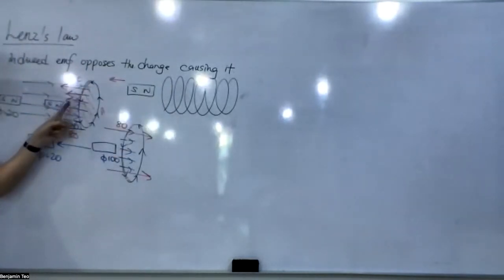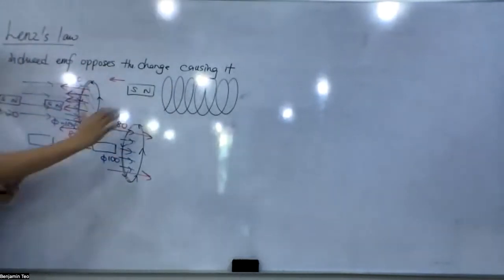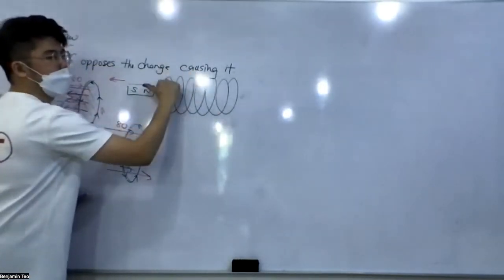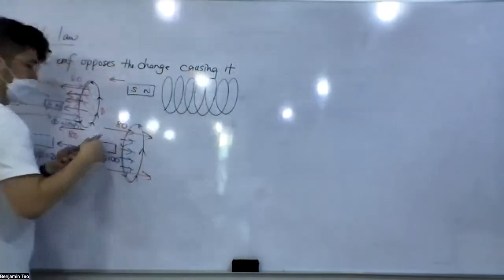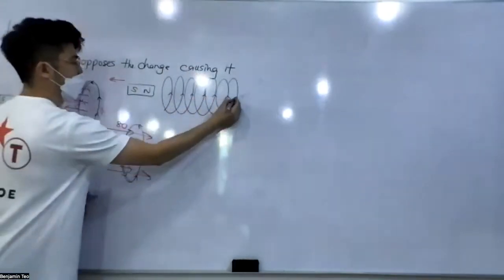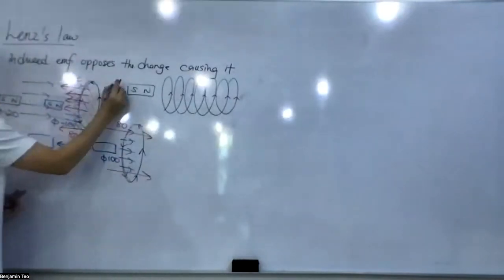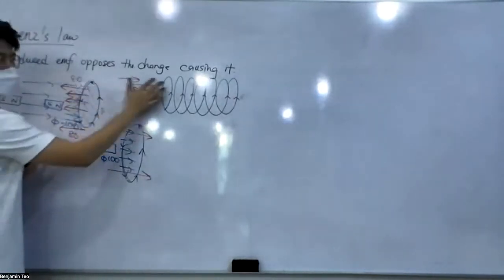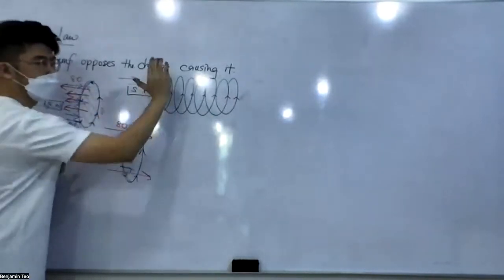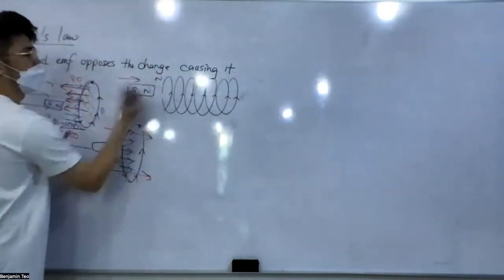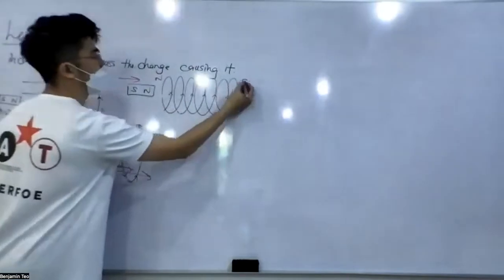This one, the red one, 80. That means where is your north? Here. The thumb is always pointing to the north, like this. All the current will flow like this. Sorry, this one is towards. Yeah, this one towards. Towards it, it will oppose it. Current will flow like this, and this will become north. If this is north pole, this is south pole.